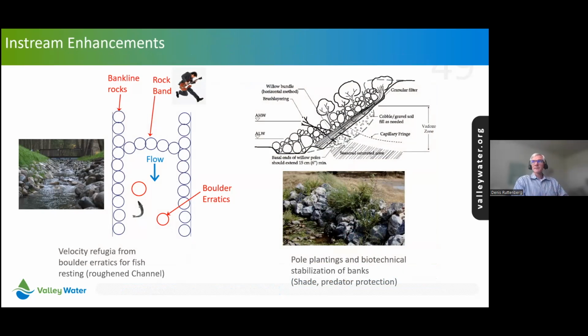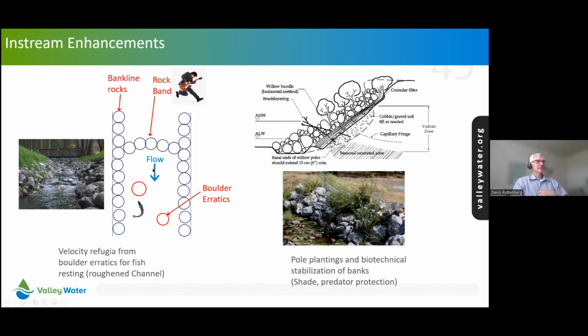So beyond fish ladders, beyond roughened channels, there's even more you can do to improve the habitat. I show a couple things here. What I indicate here are boulder erratics. So you could have a roughened channel, but if the roughened channel still is kind of funky and may not pass fish, or you don't have concentrated flows, if you really want to enhance it and you're concerned about passage, you could add some more diversity, put in a big boulder.